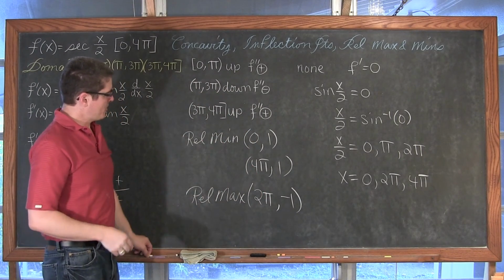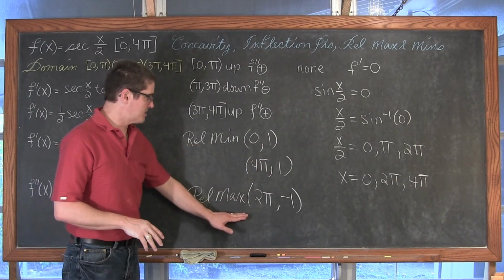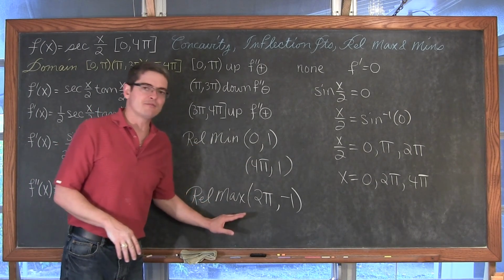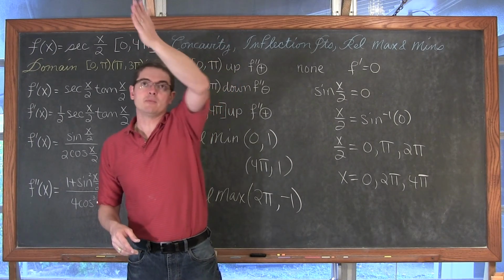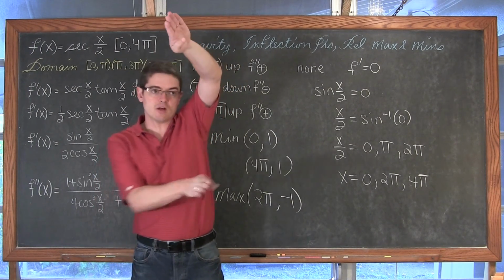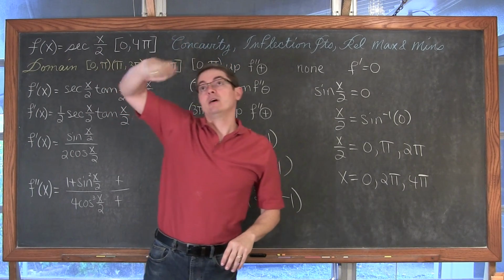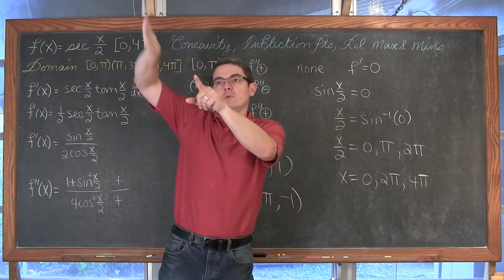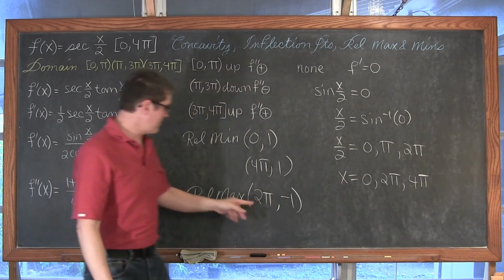So it seems a little bit weird to have minimum values that have higher y values than the relative max, but let's not forget what secant looks like. It's not a parabola, but sort of a parabola shape up here, and then it drops down. When you have a bowl going up, that's a relative min, and when you have another bowl going down, then you're going to have a relative max.